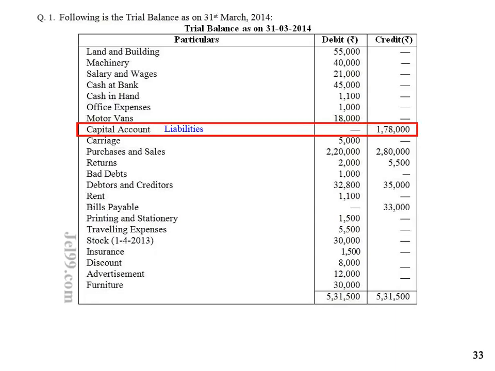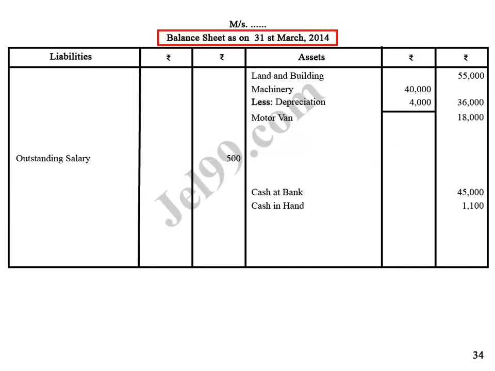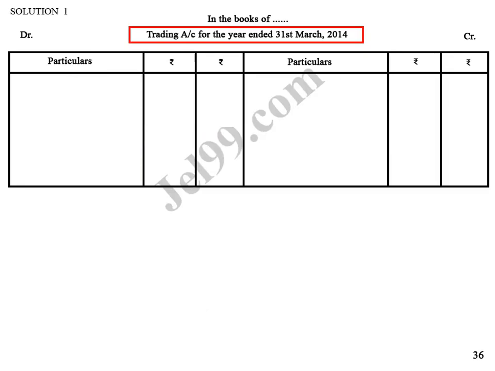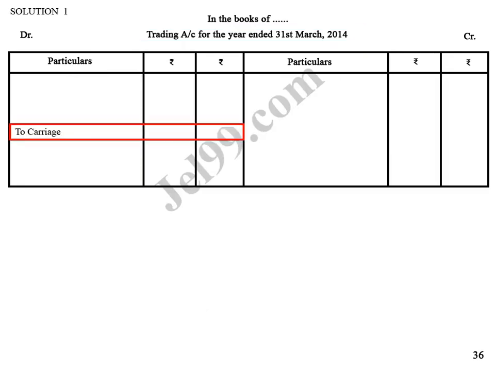Next is capital account of rupees 1,78,000, it is shown in balance sheet, liabilities side, capital account rupees 1,78,000. Next entry, carriage rupees 5,000, it is shown in trading account, debit side, to carriage rupees 5,000.